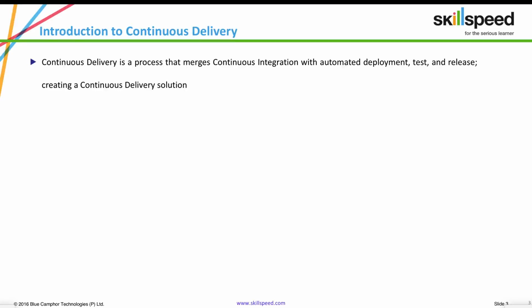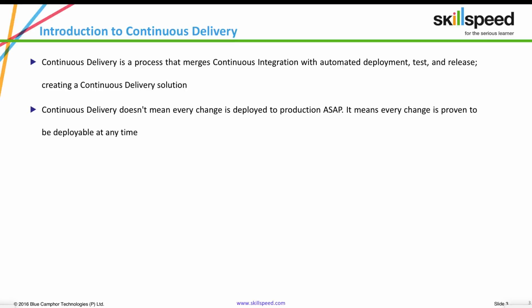We are referring to the number of steps which take place after the continuous integration is done, which would mean that the automated tests are done and they are successful. So your code has to go through a number of steps before it goes to the production machines. All those intermediate steps in an automated fashion are known as continuous delivery.